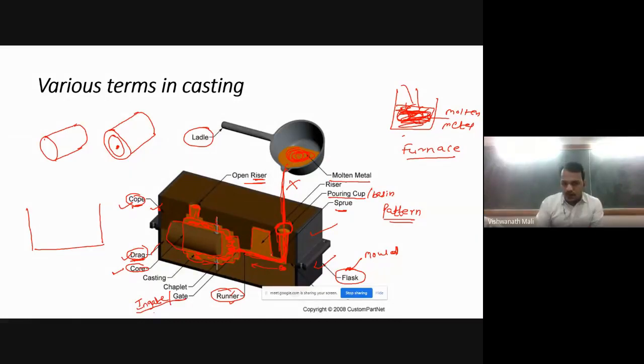So more molten metal is coming, and that will create turbulence. If the part size is large, to avoid that turbulence, we create this. It will reduce that turbulence. For that purpose, we create this riser. So the turbulence is reduced here, and once it is reduced, then the metal will flow slowly into the riser. To minimize the turbulence, that is the riser function. Generally, it is used when we manufacture a very large product.